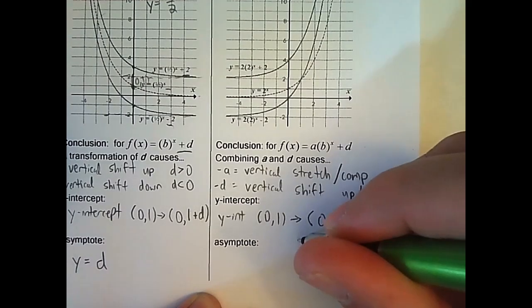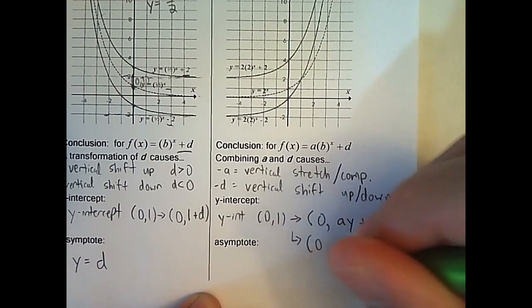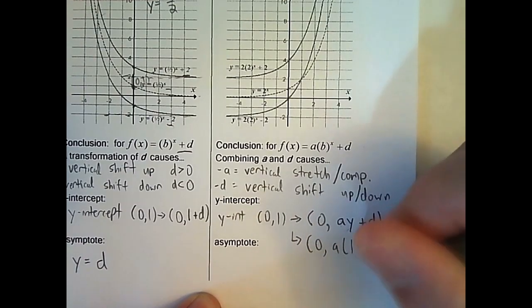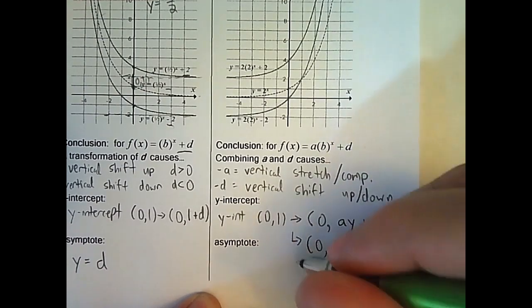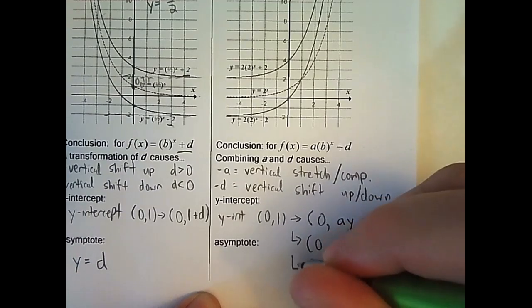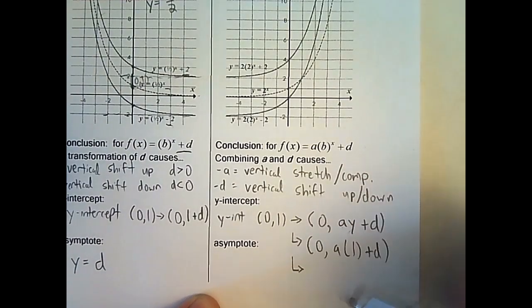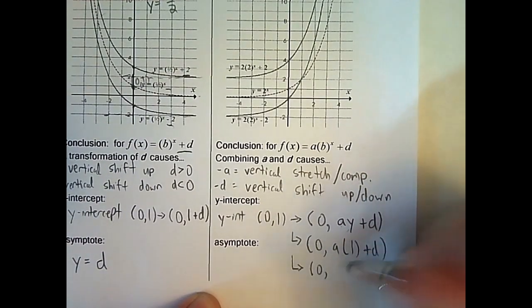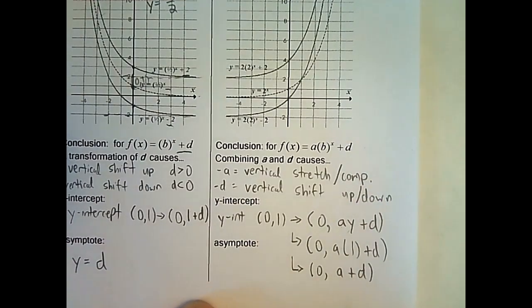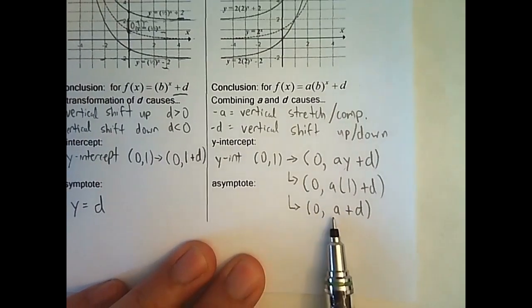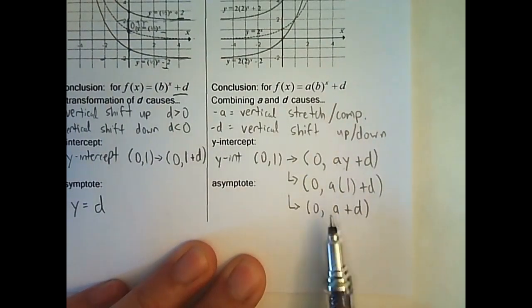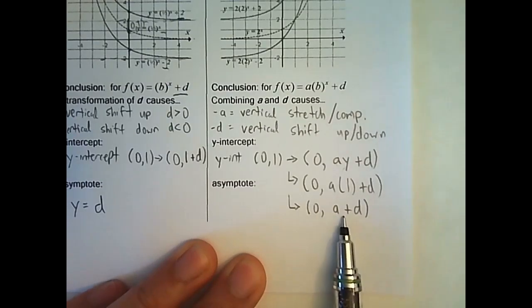Now for our y-intercept, the y value is 1. It is 1 for this exponential function, for our parent function. So if I have this, a times 1 is just a, plus d. So these transformations will affect the y-intercept, where it's just going to be whatever the y value is, in this case 1, times a, which is just a, and then add d to that as well.